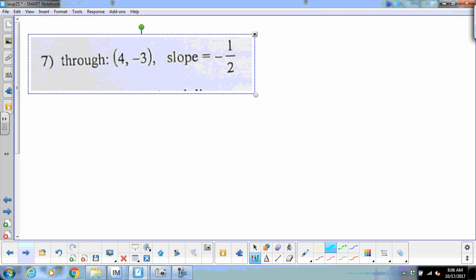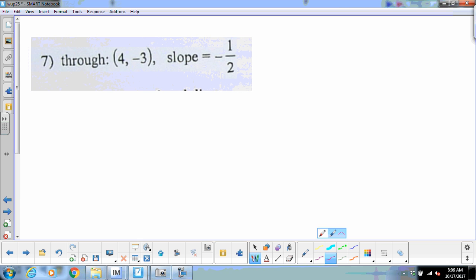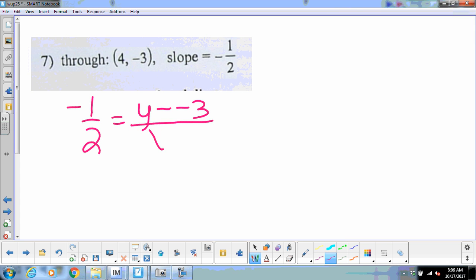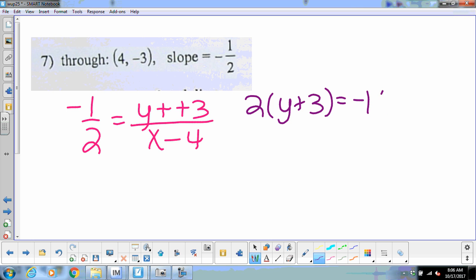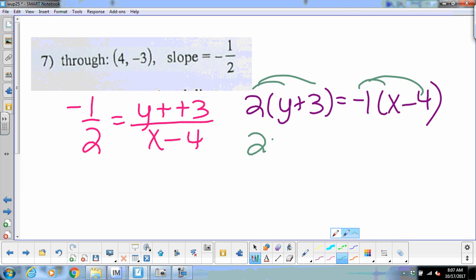All right, jump to number 7. So negative 1/2, y minus negative 3 and x minus 4. We're going to cross multiply here, so that's 2 times y plus 3 and negative 1 times x minus 4. And isolate your y.